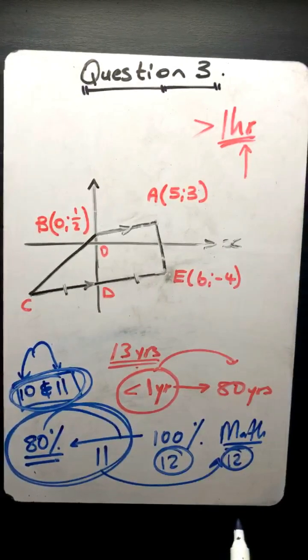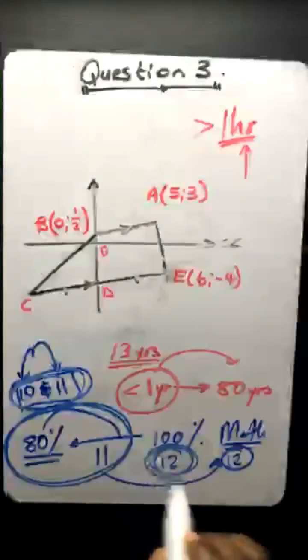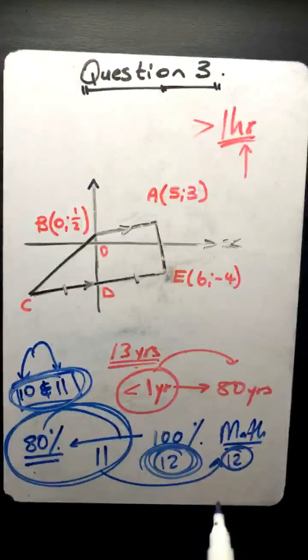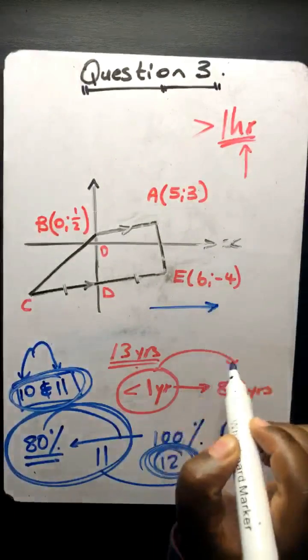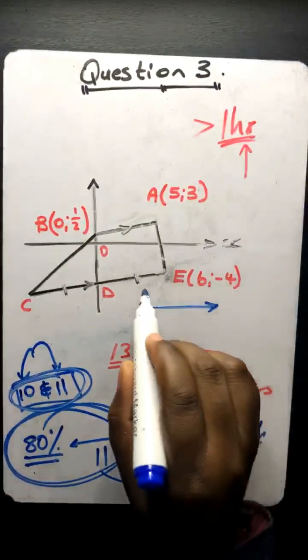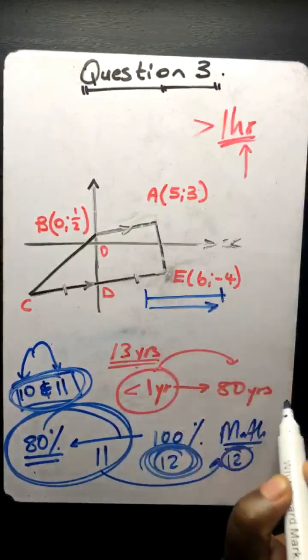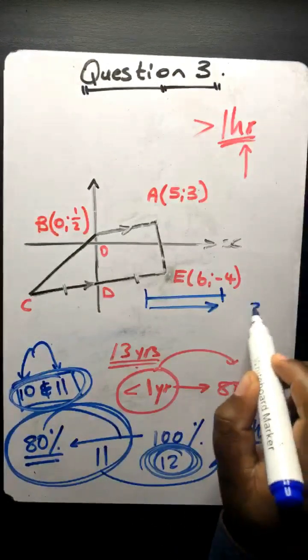That is why I always say, if you failed your grade 12, how long did you have to prepare for your examinations? You had a whole year and you got 3%.